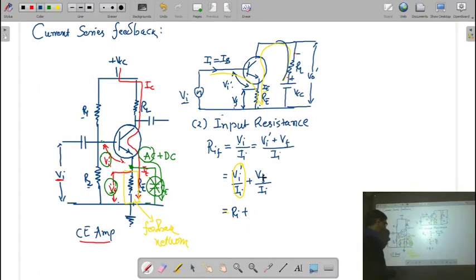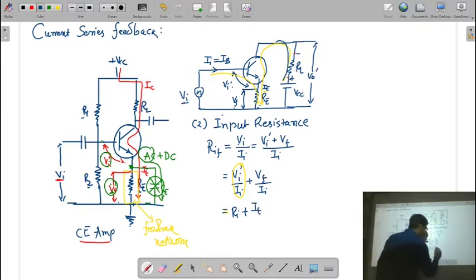Now VF, as you already know, is the voltage drop across RE. So here we can write IE into RE divided by the input current. This input current and my base current are both the same, so I will write it as IB.